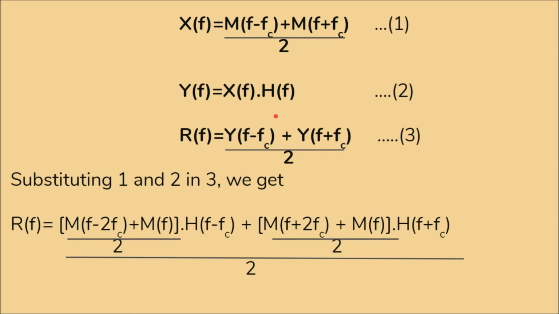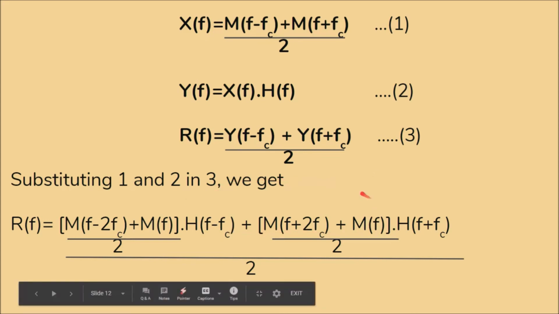Now here our aim is to calculate R(f). So we have to calculate Y(f - fc), which is nothing but X(f - fc) into H(f - fc). For X(f - fc), we substitute f - fc in place of f here. So we get [M(2f - 2fc) + M(f)]/2 into H(f - fc), and Y(f + fc) is nothing but X(f + fc) into H(f + fc), which is [M(f) + M(f + 2fc)]/2, which is written here.